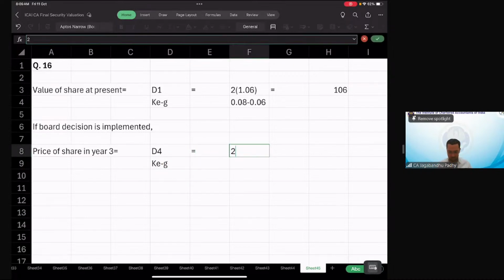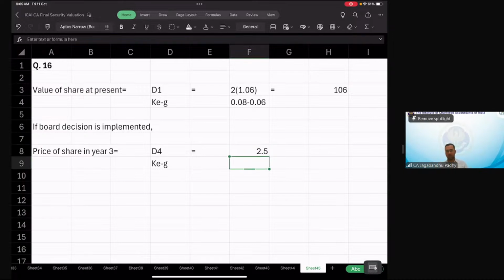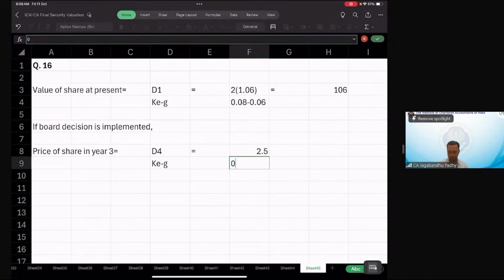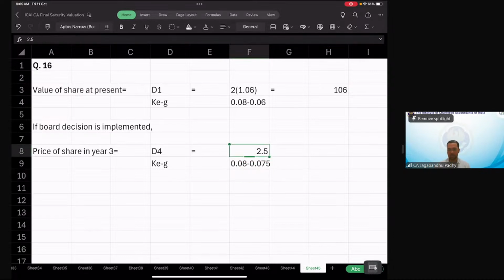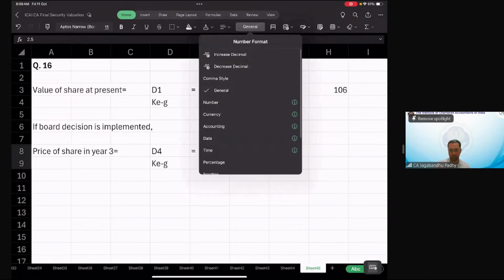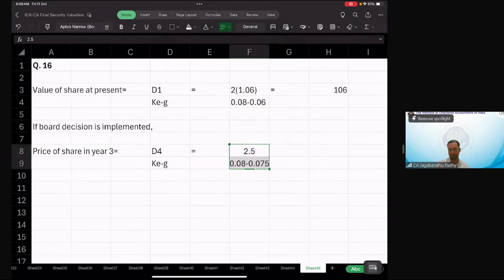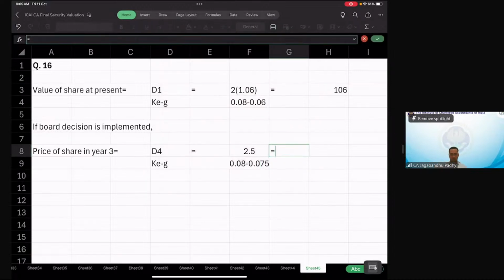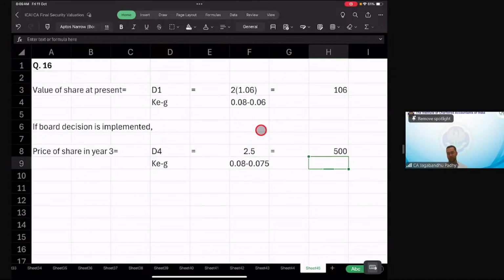Dividend in year 4 is supposed to be 2.5, right? So 2.5, the cost of equity is 0.08, and the growth rate is 0.075. So the price of the share in year 3 will be 2.5 divided by 0.08 minus 0.075, which is 500.